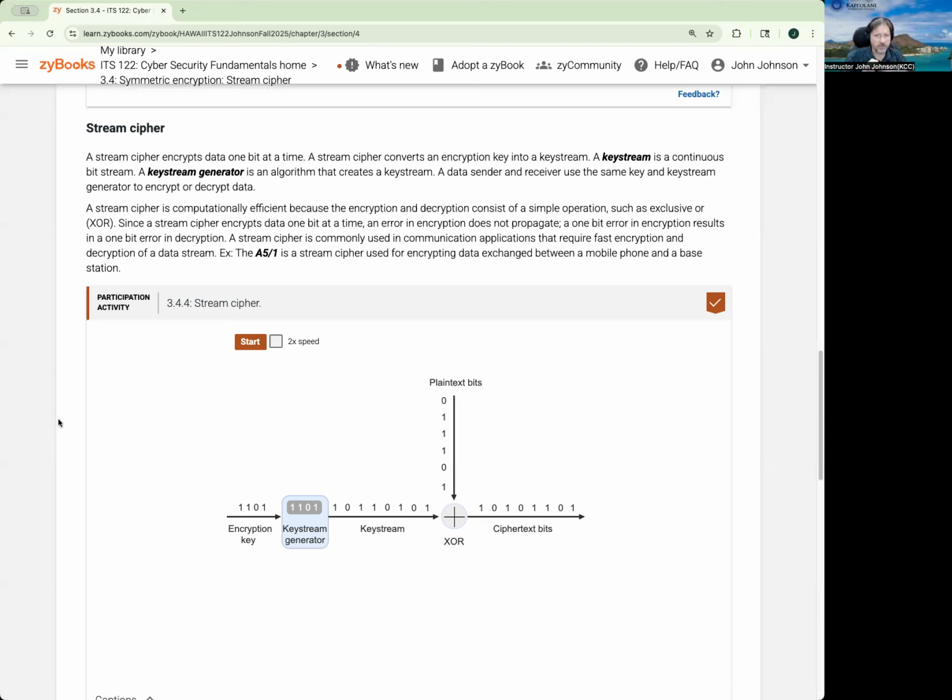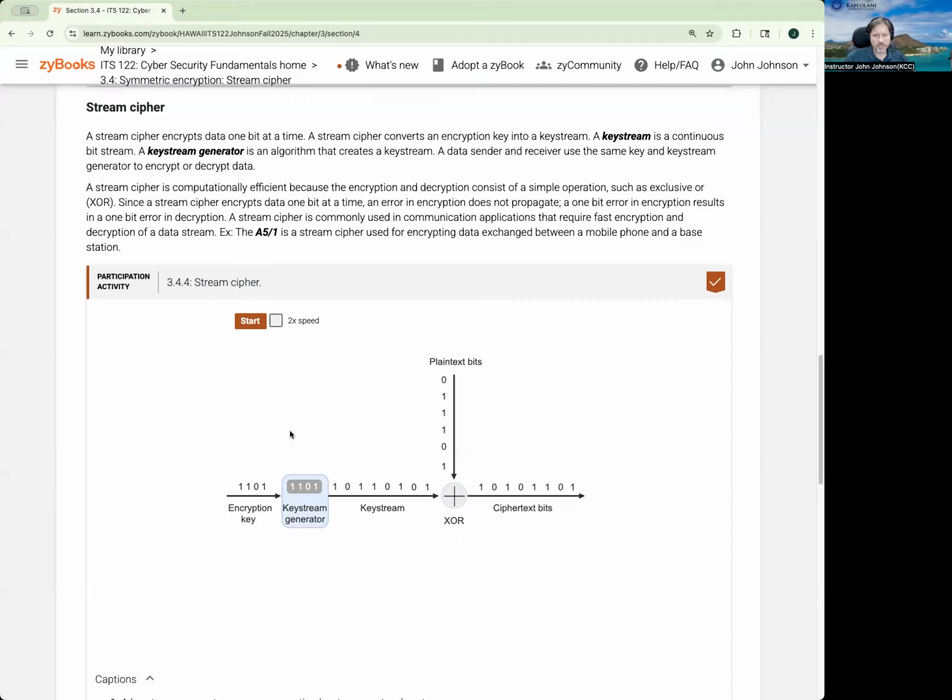So your stream cipher here, it's not going to propagate errors if you should have any errors. So stream ciphers are commonly used in communication applications that require fast encryption or decryption of the data stream. And an example of that is A5/1, and that's one that's used for encrypting the data that's exchanged between a mobile phone and a base station.